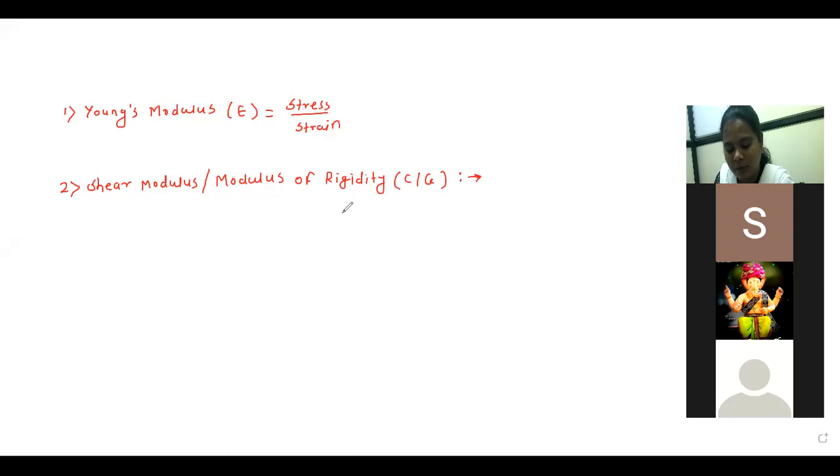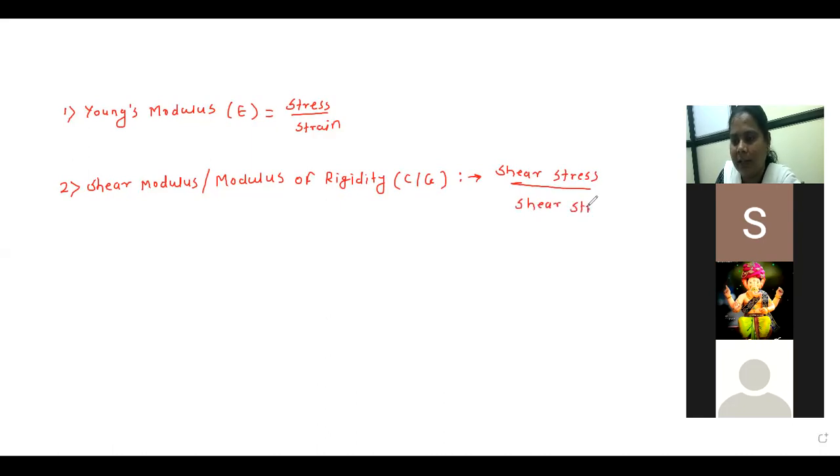What is the definition of the shear modulus? It is the ratio of shear stress to shear strain. Good.